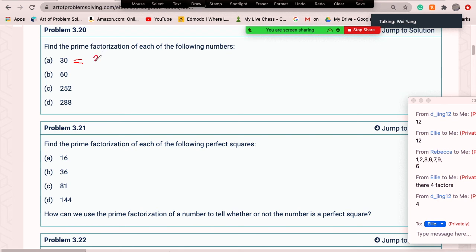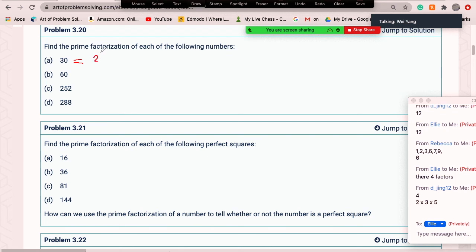This one will equal 2 power 1 times 3 power 1 times 5 power 1. Very good. How about 60? This one will equal 2 power 2 times 3 power 1 times 5 power 1, right?